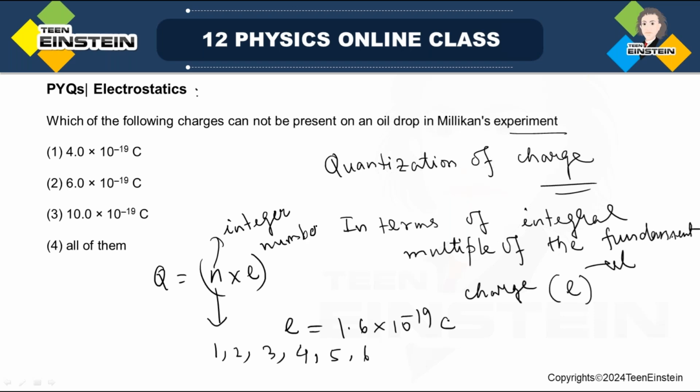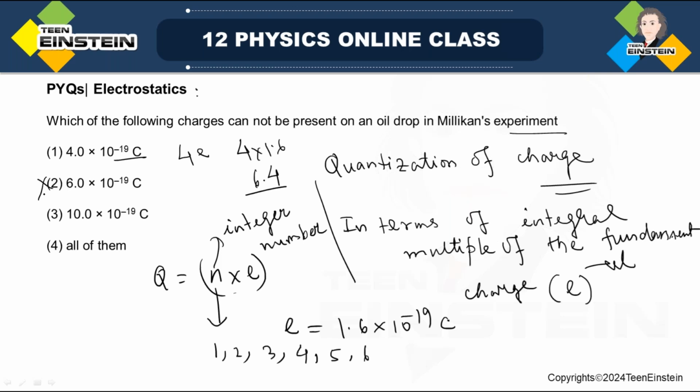So what you learn from here: is any one of these three charges expressing this fact? Whether 4.0 into 10 to the power minus 19 coulomb is 4e? No, because it has to be 4 into 1.6, that is 6.4.